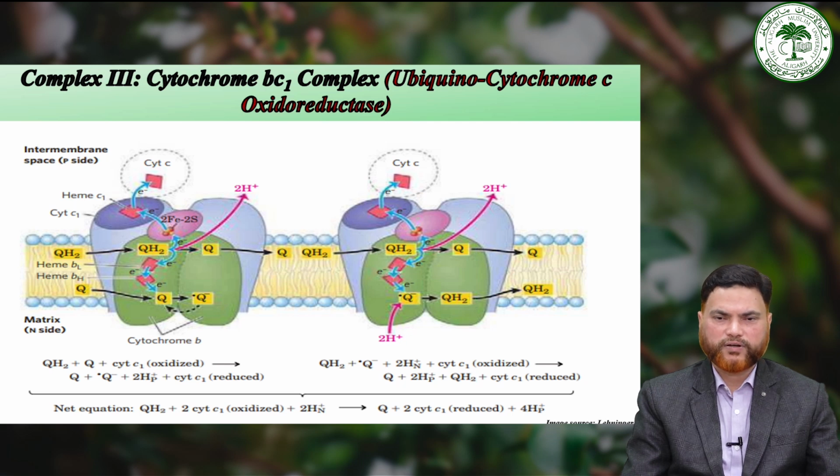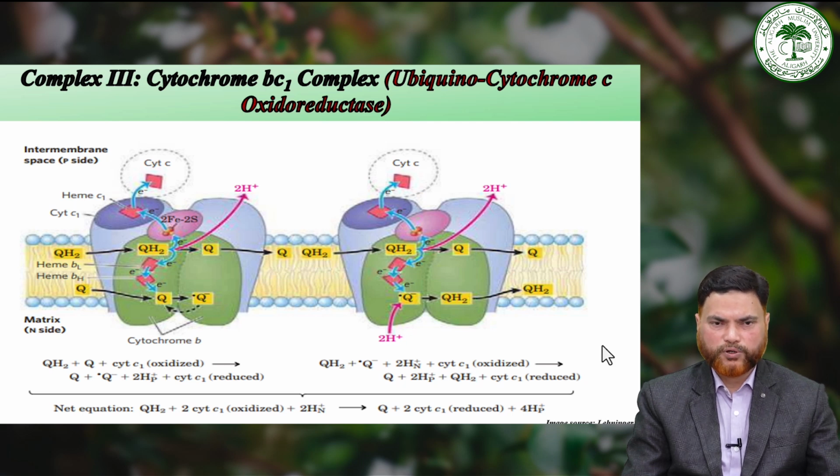Then a second round of electron transfer occurs, in which the second ubiquinol molecule donates 2 electrons to another cytochrome B subunit, resulting in the reduction of another ubiquinone molecule into ubiquinol.